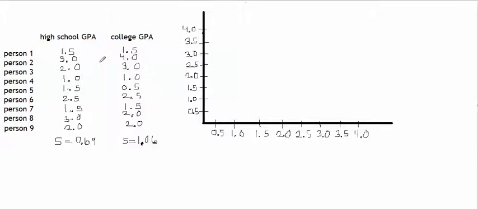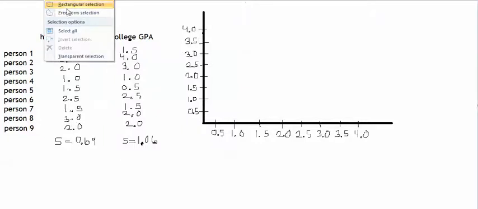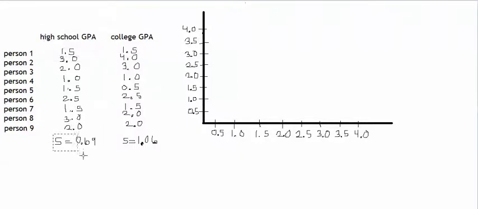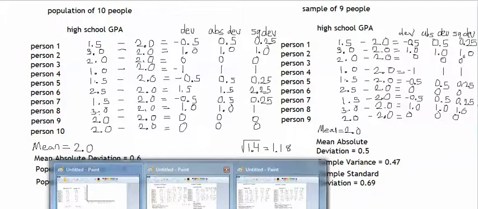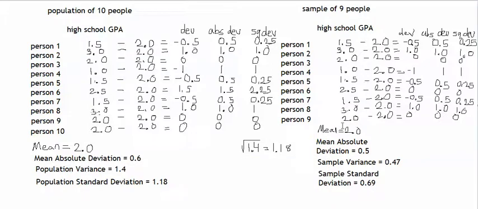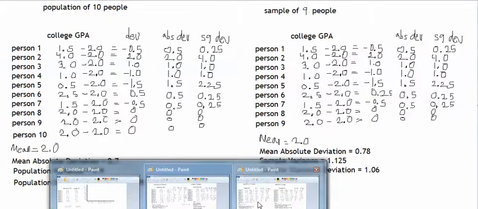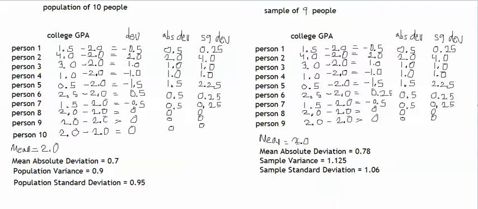Now let's create a scatter plot. Actually, first, let's find out what the means are. When we calculated the means before, the mean of the 9 high school GPAs came out to 2, and the mean of the college GPAs also came out to 2.